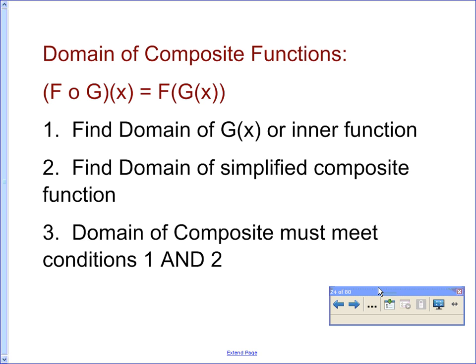So it might be easier to think of it as finding the domain of the inner function. So whatever's on the inside, find the domain of that. And then you find your composition, and then whatever that is, simplify it and find its domain. And then you have to find where those two overlap, just like we did previously. And when you find where those two overlap, that's going to be the domain of your composition.